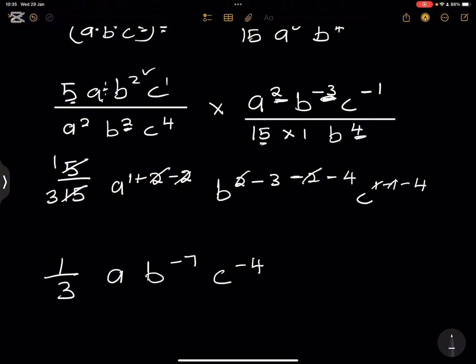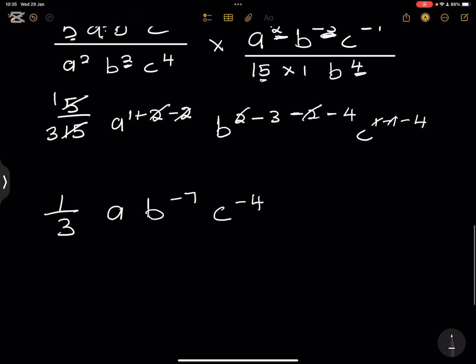Please check if you've got the same value. If you want to express it as just positive exponents, we can write it this way. This is 1 divided by, in fact, a is positive, so I'll leave that as a at the top there.